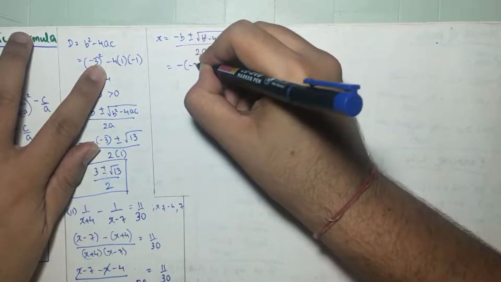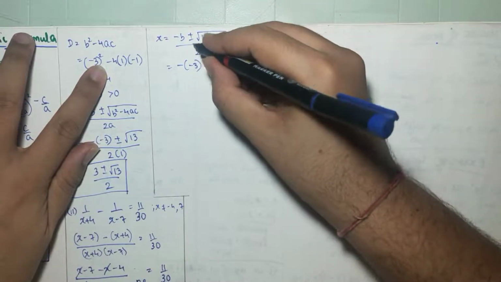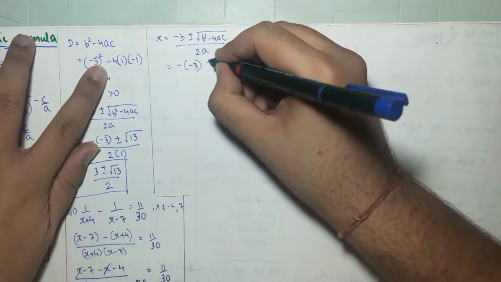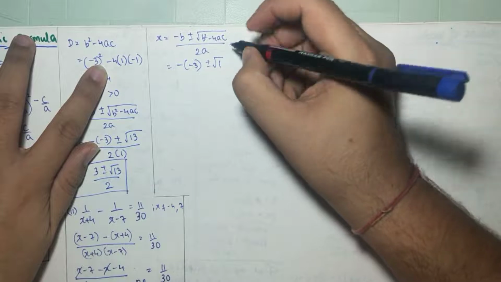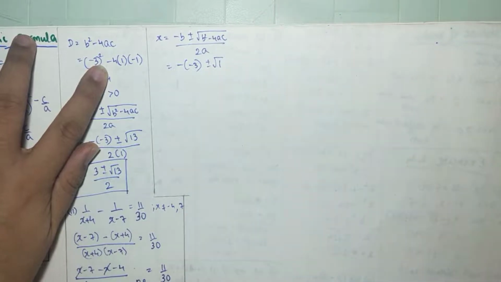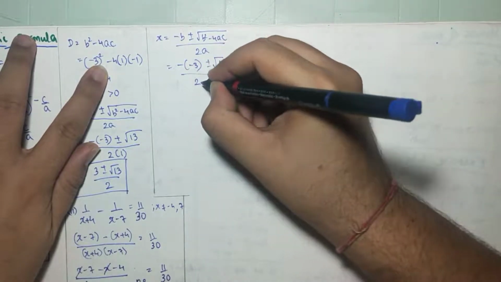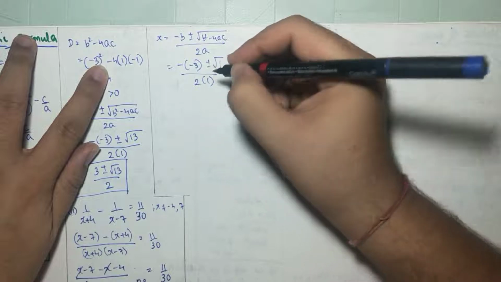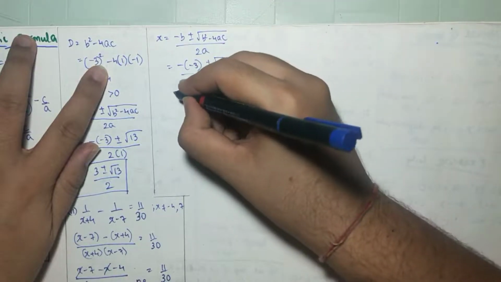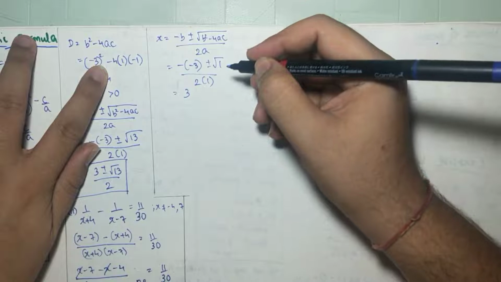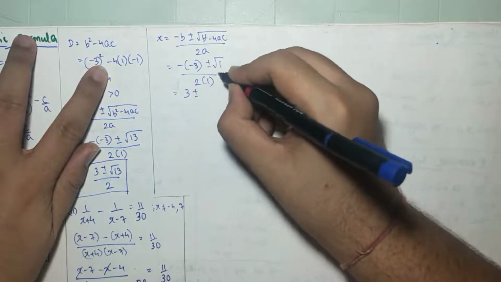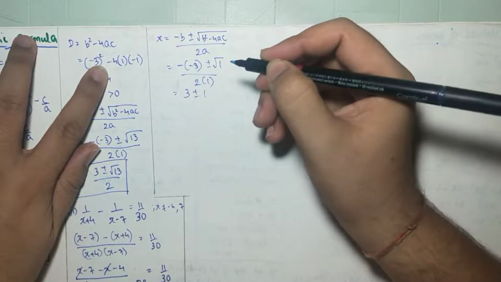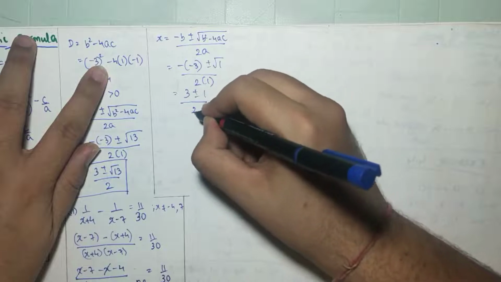Minus b, that is minus of minus 3 because the value of b was minus 3, plus minus under root of 1. This value b square minus 4ac came out to be 1, upon 2 multiplied by 1 because a was 1. This minus of minus 3 will become plus 3. Plus or minus under root of 1 is 1, upon 2 into 1 is 2.